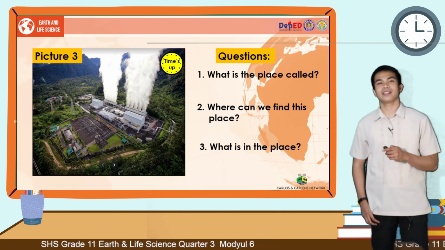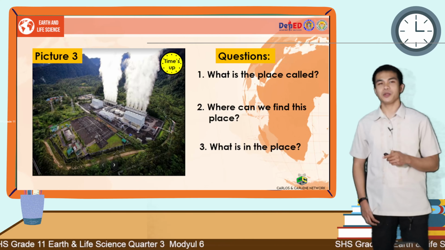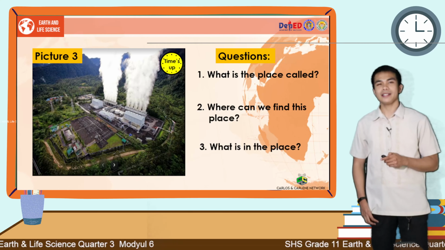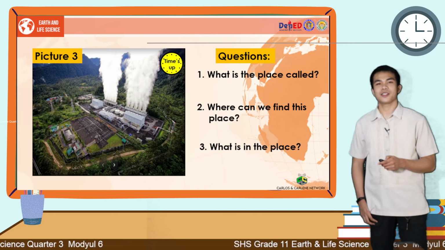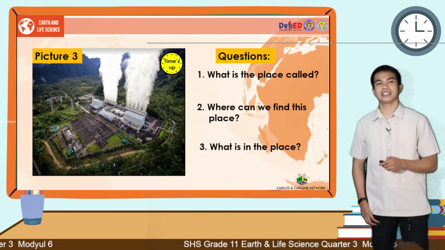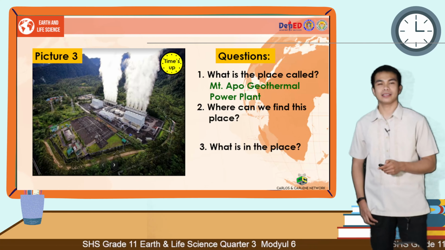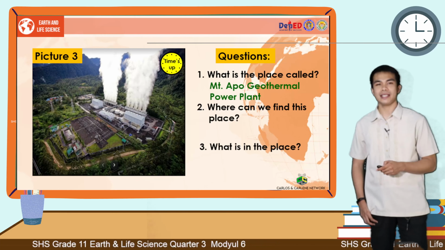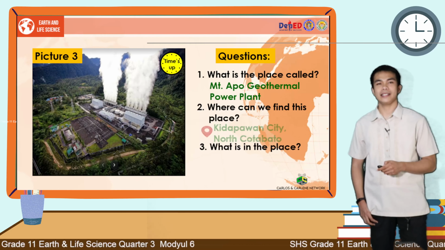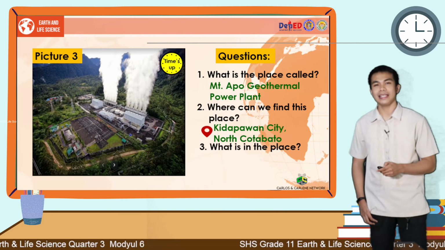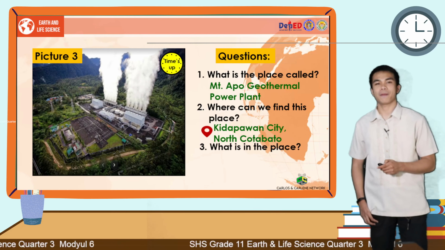Time's up. Let us answer those questions. What is the place called? So this is the Mount Apo Geothermal Power Plant. Where can we find this place? It's in Kidapawan City, North Cotabato.